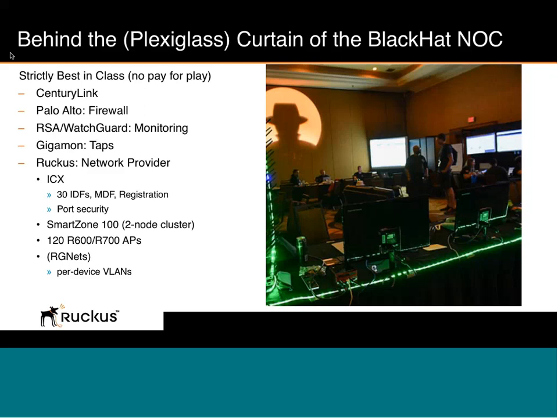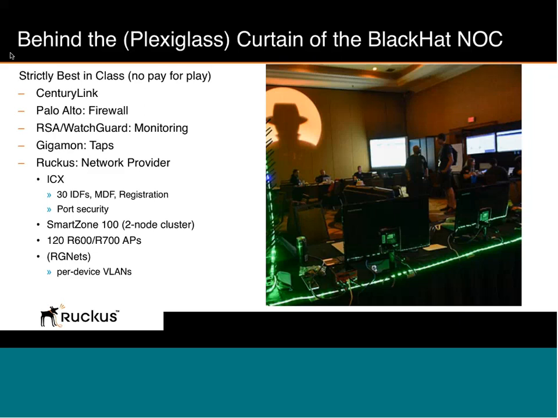The BlackHat network is strictly best in class. There is no such thing as pay for play, and the NOC team is headed by some of the best InfoSec network professionals in the world. And so north to south in the network, we use CenturyLink, which up until this last year, including this last year, was 2 1-gig load balanced pipes out to the network.